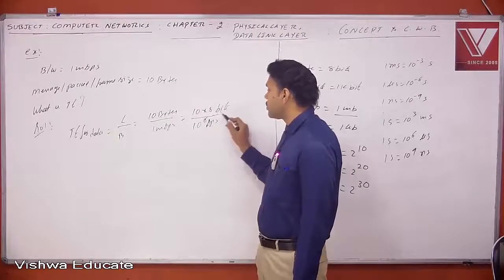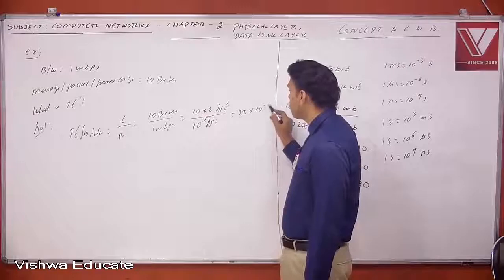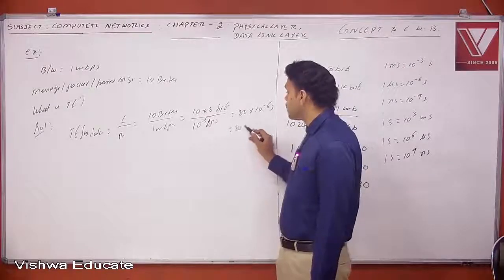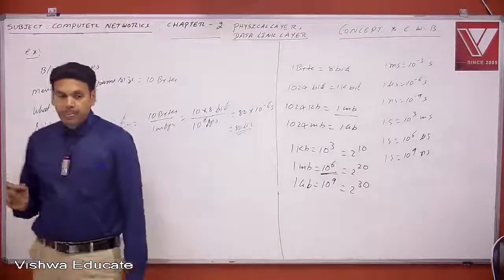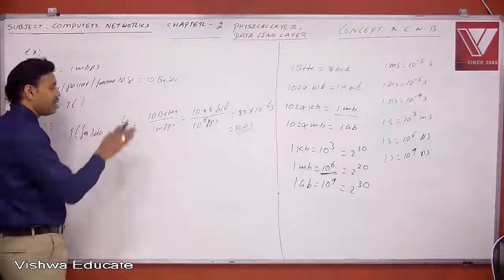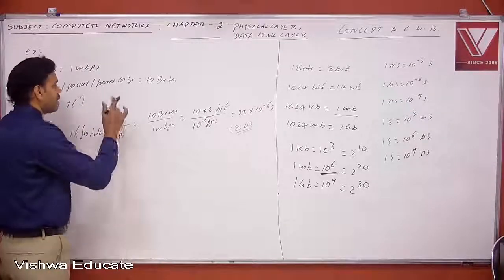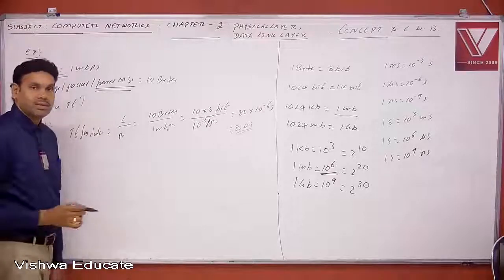This is in bits, so there is no need to convert. So 80 into 10 power minus 6 s, that is nothing but 80 µs. That's why I told you this transmission time for sending data can be increased or decreased. That all depends upon your frame size and bandwidth.